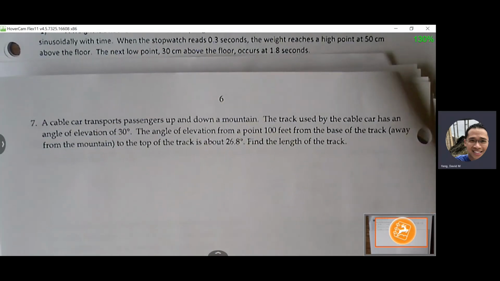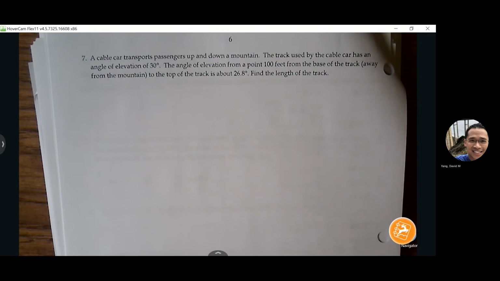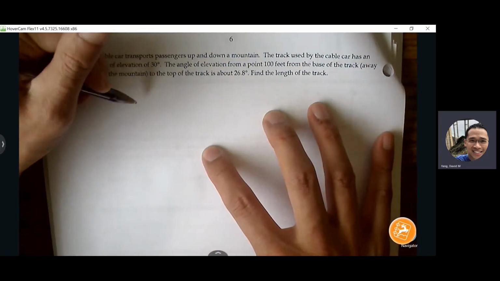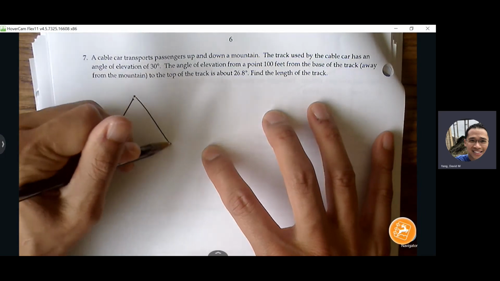So number 7, let me just help you set up the diagram. So let's think of a mountain as the shape of a triangle.